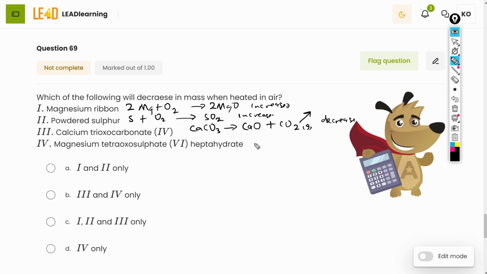Then magnesium tetraoxosulfate VI heptahydrate, when it is heated in air, is going to lose its water of crystallization, so that we're left with only magnesium sulfate crystals. So this clearly would also decrease in mass. So we'll see a decrease in mass for 3 and for 4. And which of our options gives us that? That is option B. So our answer is B. 3 and 4 will lead to a decrease in mass.